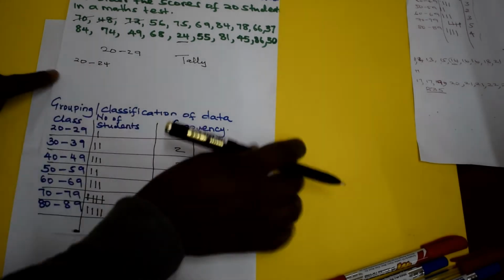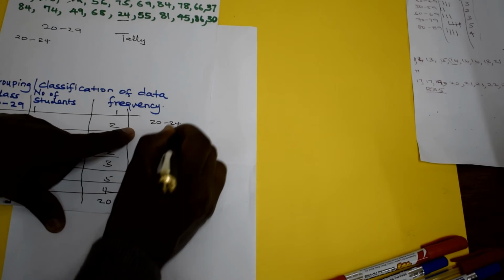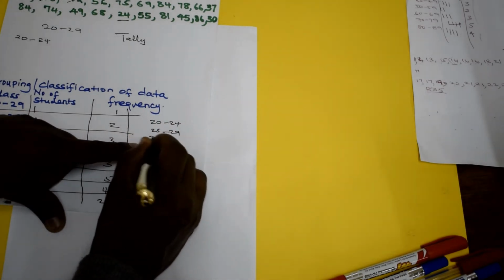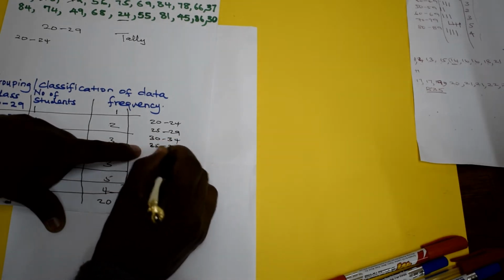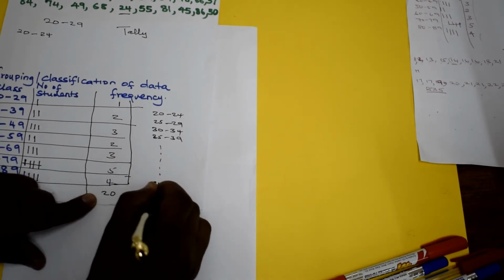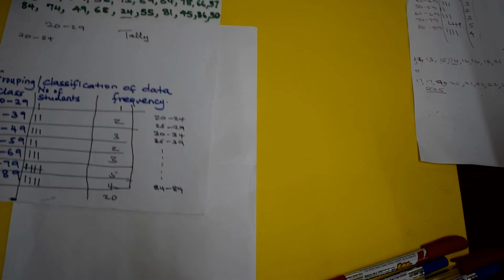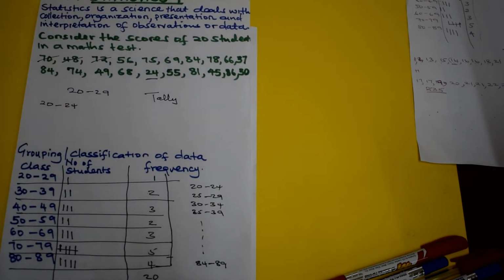Then the next one, class interval 5, will have 20 to 24, 25 to 29, 30 to 34, 35 to 39. You move that way all the way to where we are going to have 85 to 89. And you can also develop your own table for these 20 values.